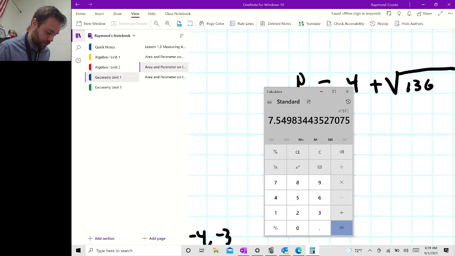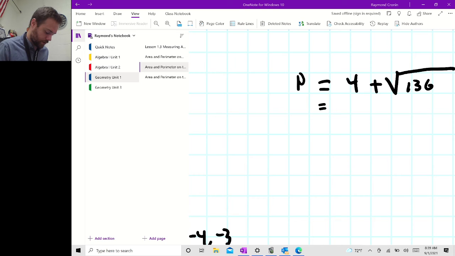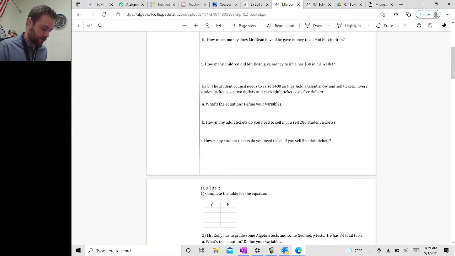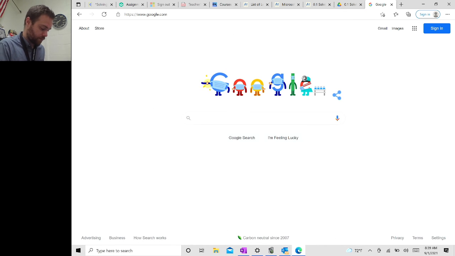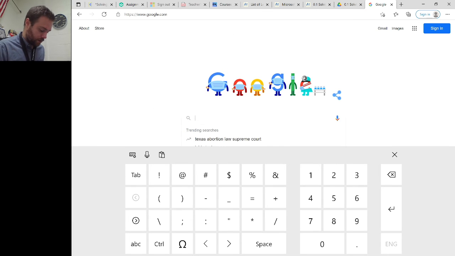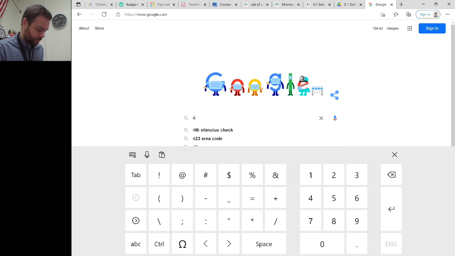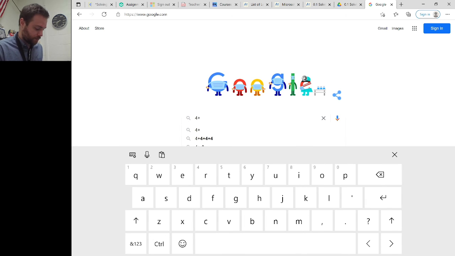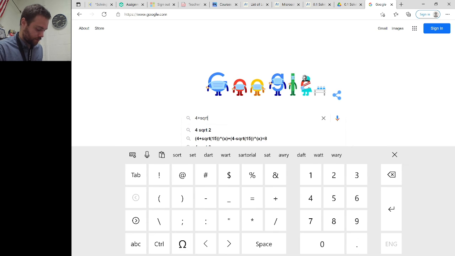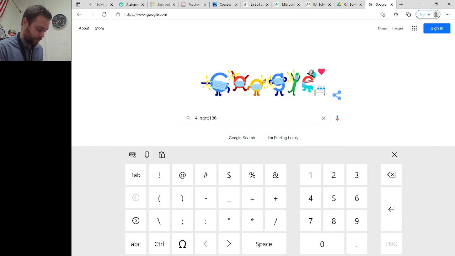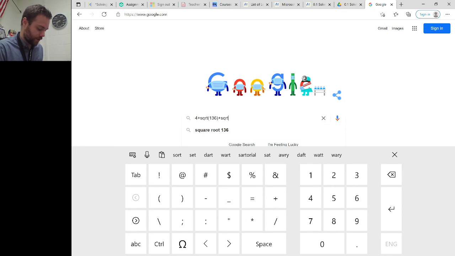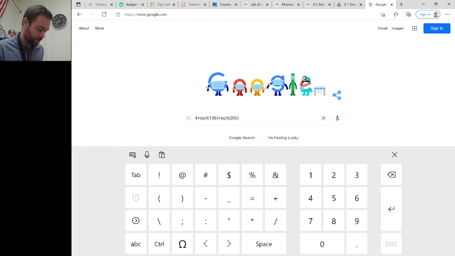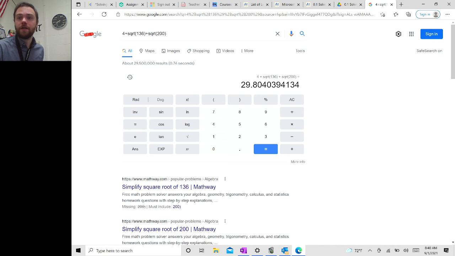It is frozen. So I'm going to go to Google. I've got 4 plus the square root of 136 plus the square root of 200. And I want to type all this in and get it done once. And it gives me 29.8. Okay?